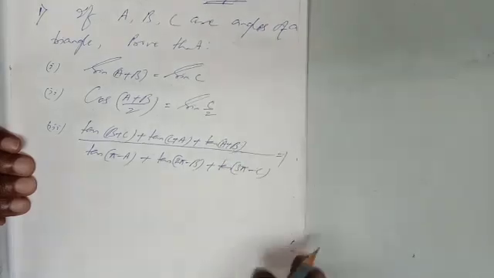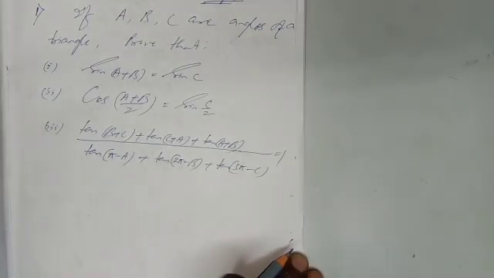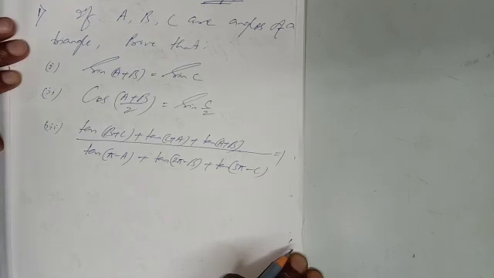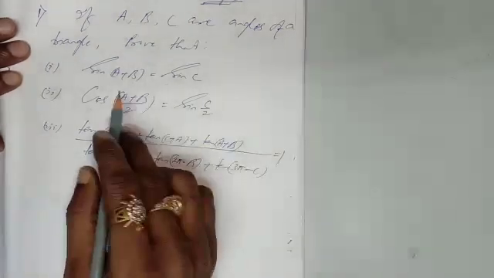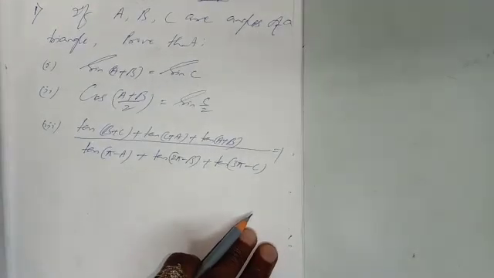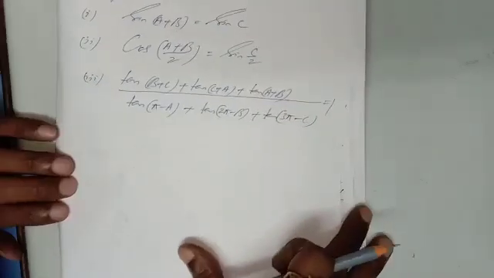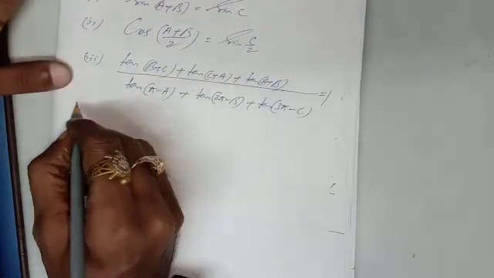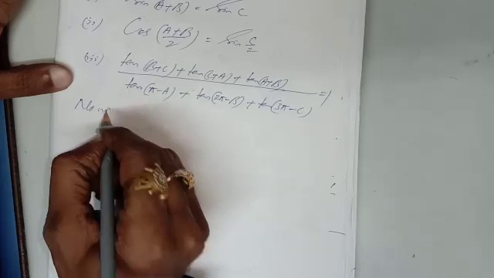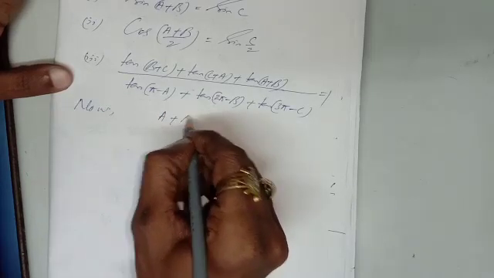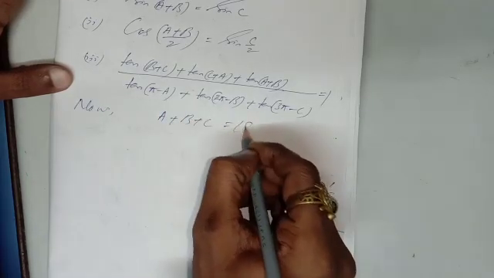You have to prove number 1, given A, B, C are the angles of a triangle, and you have to prove these 3 parts. Okay, let us see one by one. First of all, as ABC is a triangle, what is the condition? Angle A plus angle B plus angle C will be how much? 180.